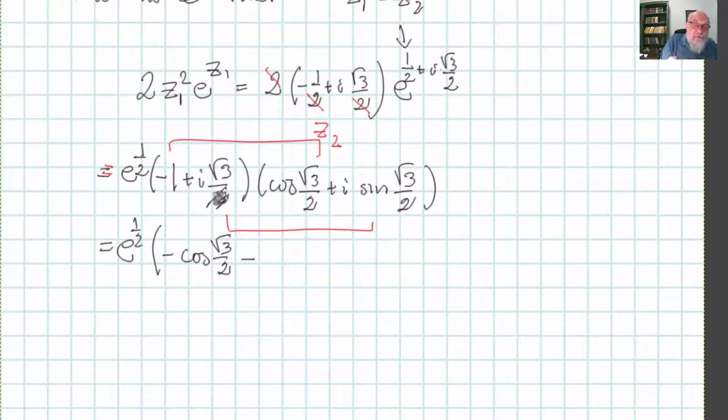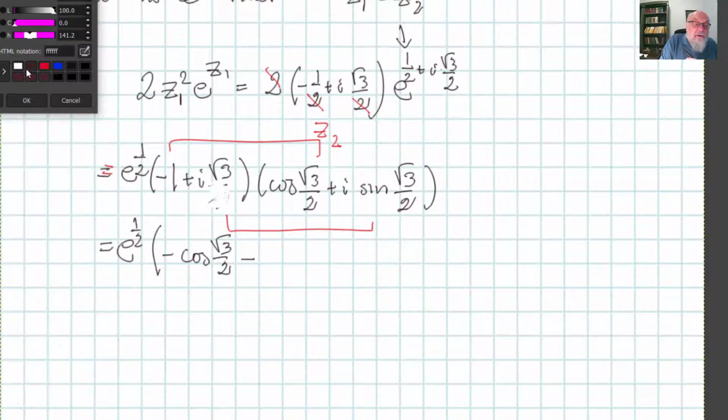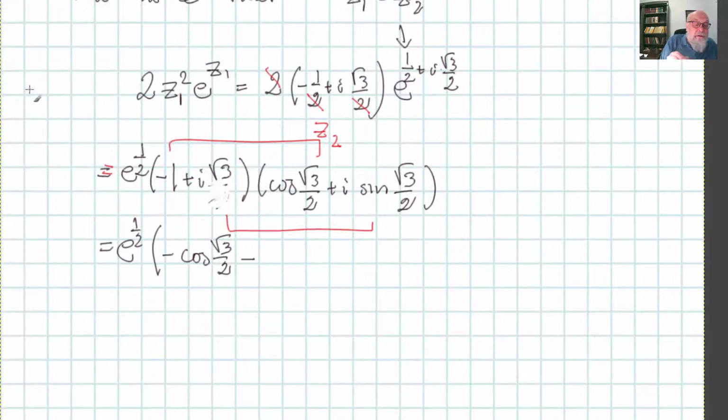Maybe just use this pen. I'm erasing. Okay. So that's good. And this will be minus square root of 3 sine square root of 3 by 2.